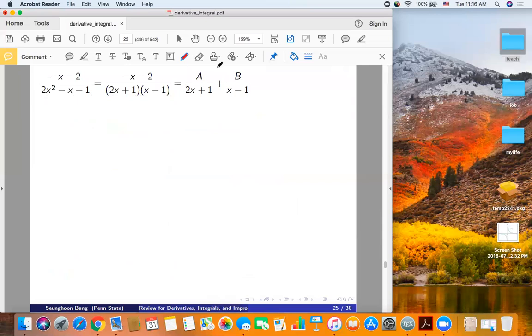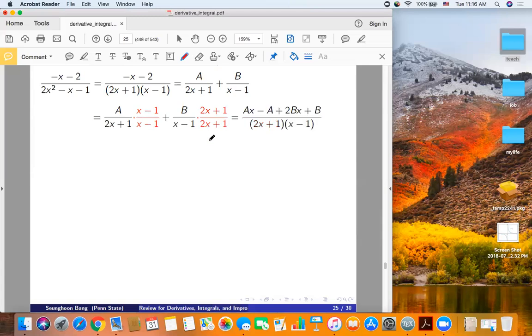Use partial fractions a over 2x plus 1 plus b over x minus 1. Multiply the first by x minus 1 over x minus 1 and the second by 2x plus 1 over 2x plus 1, using the common denominator 2x plus 1 times x minus 1. Next, distribute a.